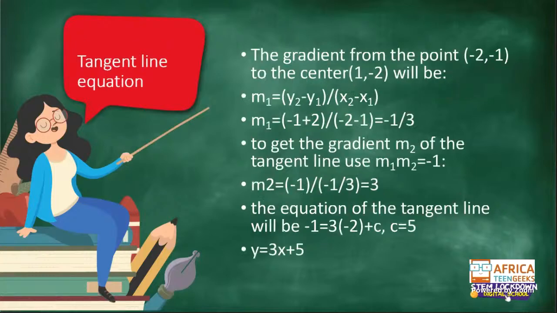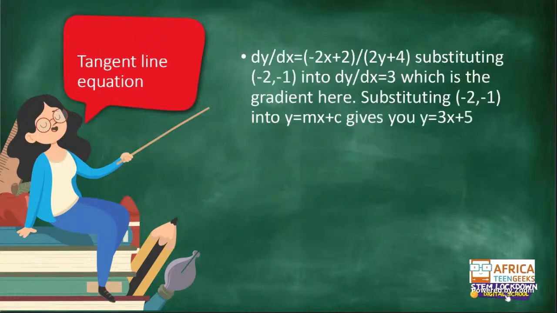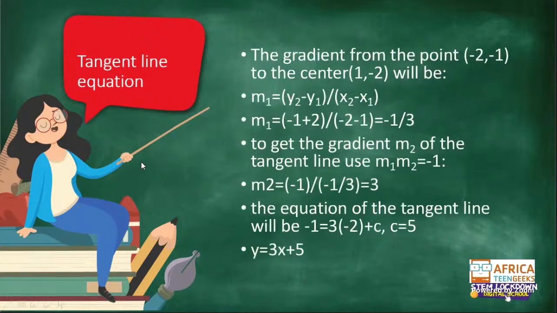Therefore, the next thing that we have to do here is to get the gradient from the point that is given to the center, which is 1 minus 2. You already know how to get the gradient. When you do M1, your M1 here will be y2 minus y1 divided by x2 minus x1.